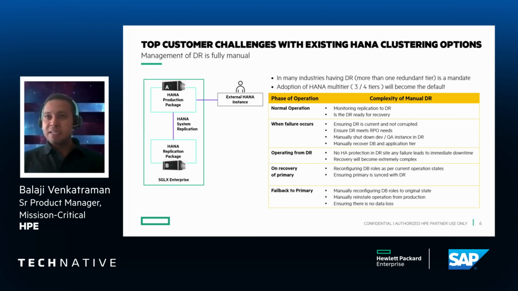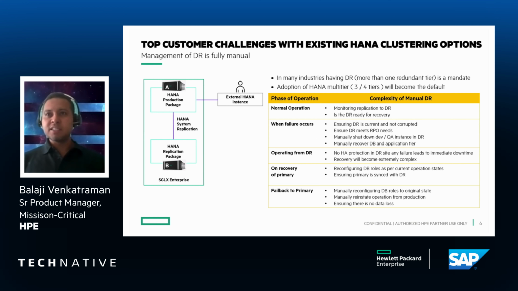Then comes the point: what happens when a failure occurs? This is when everybody is stressed. There's a lot of stress in the system, and so much pressure on the IT admin to bring everything back, without losing data, as quickly as possible. Now imagine that you would have to do a bunch of manual steps to recover.